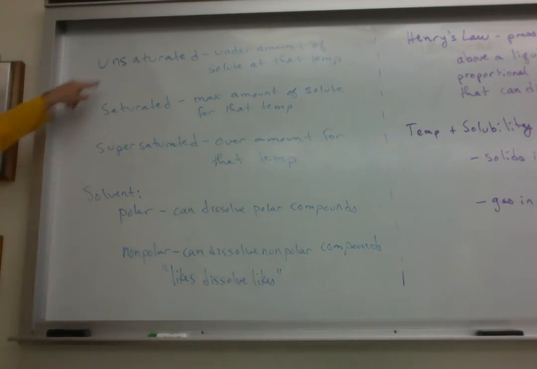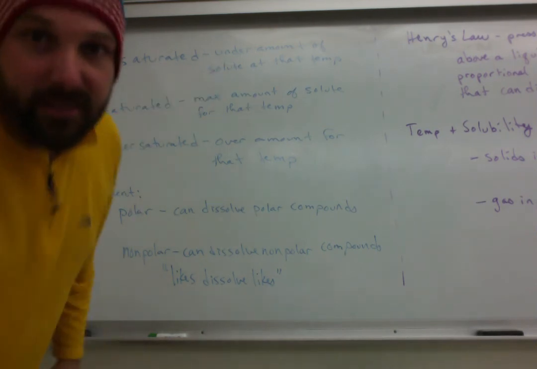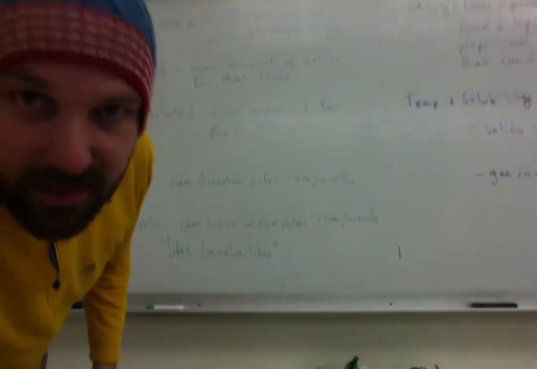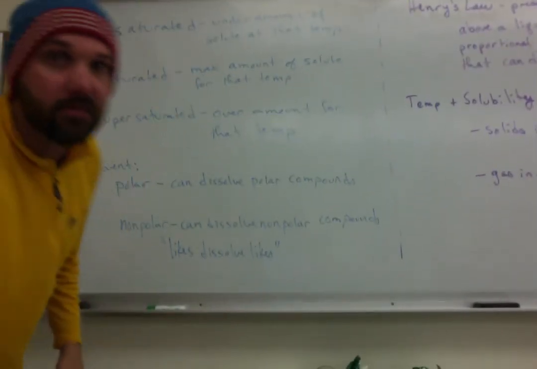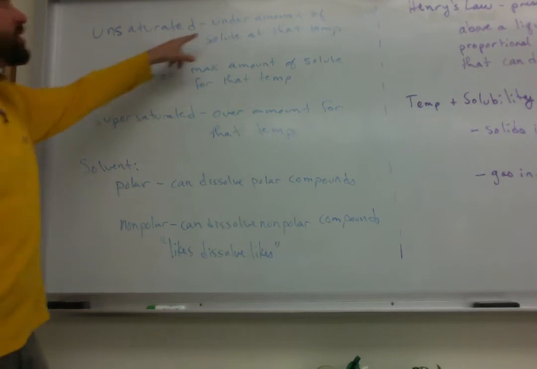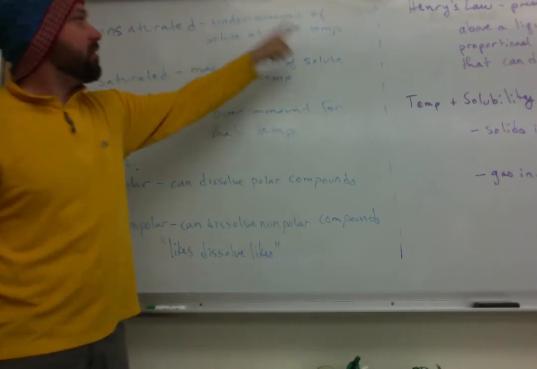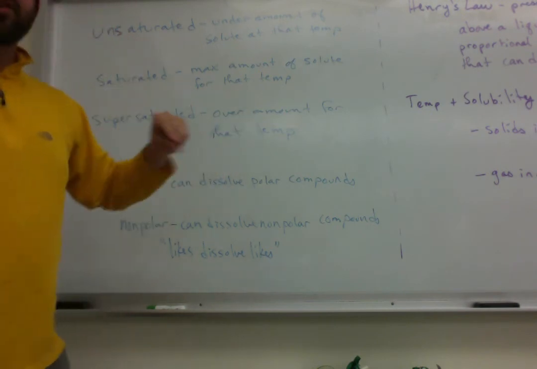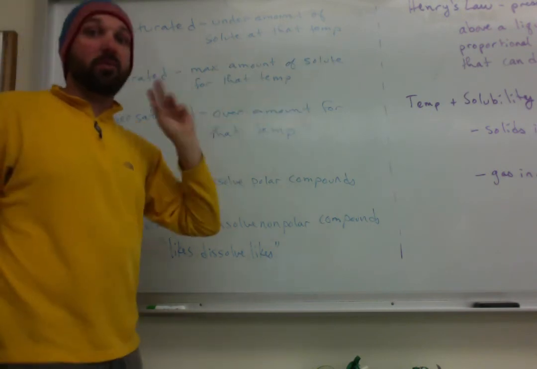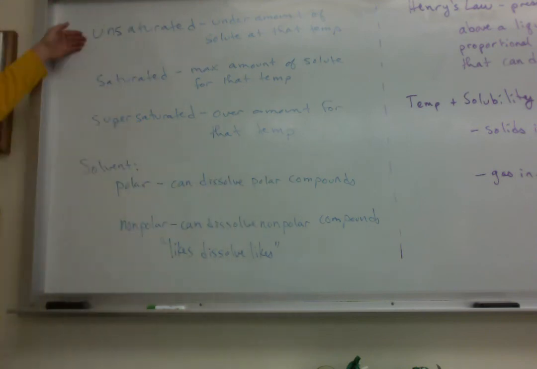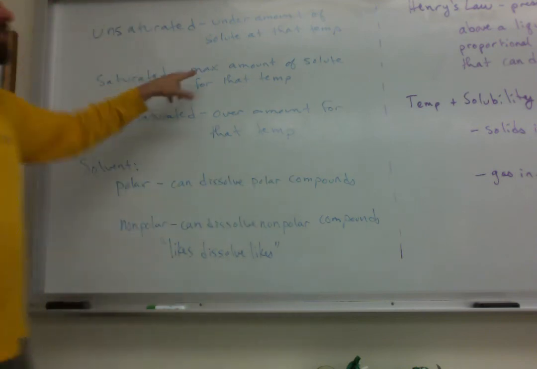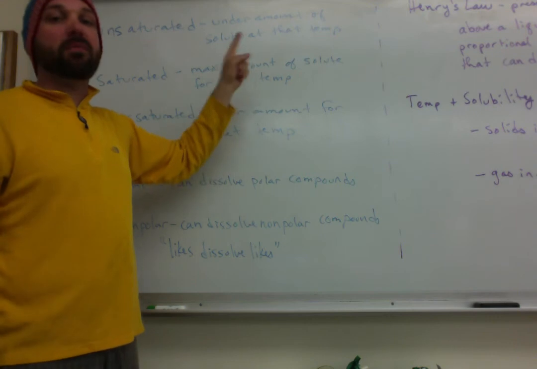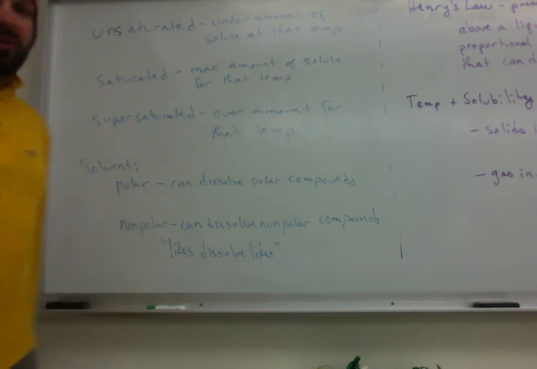Unsaturated, saturated. I'm just trying to see if we can see it because of the glare. All right, I hope you can read it. Unsaturated means that it's under the amount of solute at that temperature. We're going to talk about temperature and solubility in a second, so that's where we're going to be going next. But saturated means that it has the maximum amount of solute for that temperature.